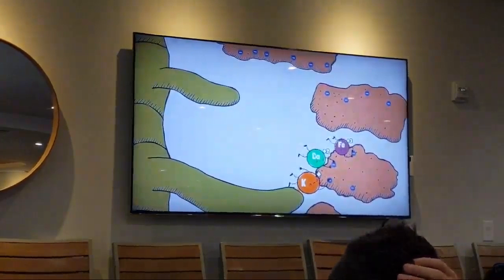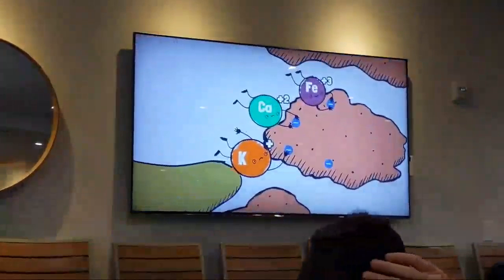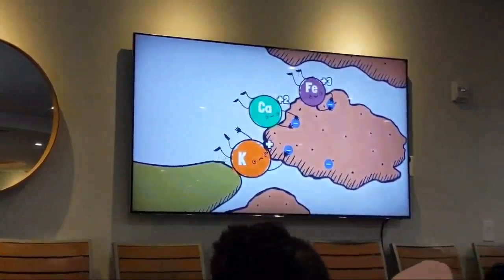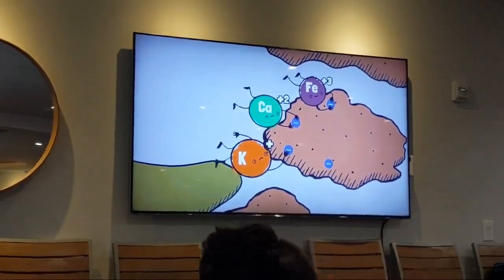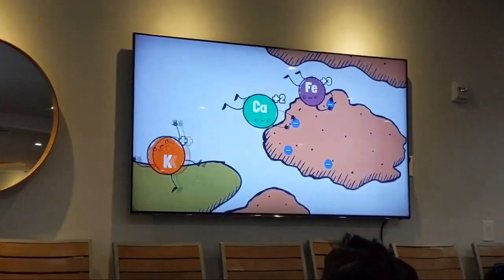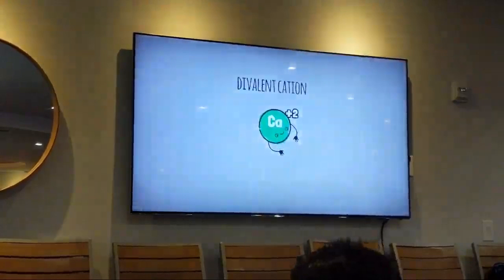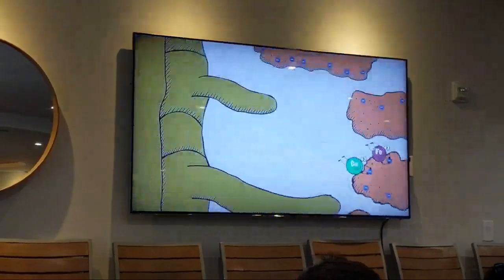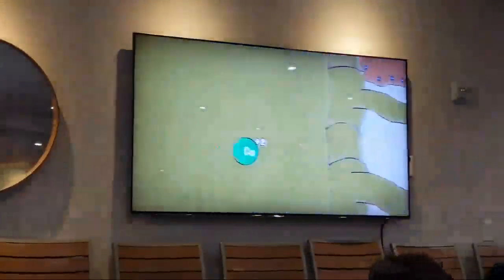That's because a cation with high positive charge and small size is preferentially held by the soil over those with lower charge or larger size, meaning that a large cation with a positive charge of 1 will be the first to be released. A divalent cation having a charge of 2 will be released more easily than a cation with a positive charge of 3.